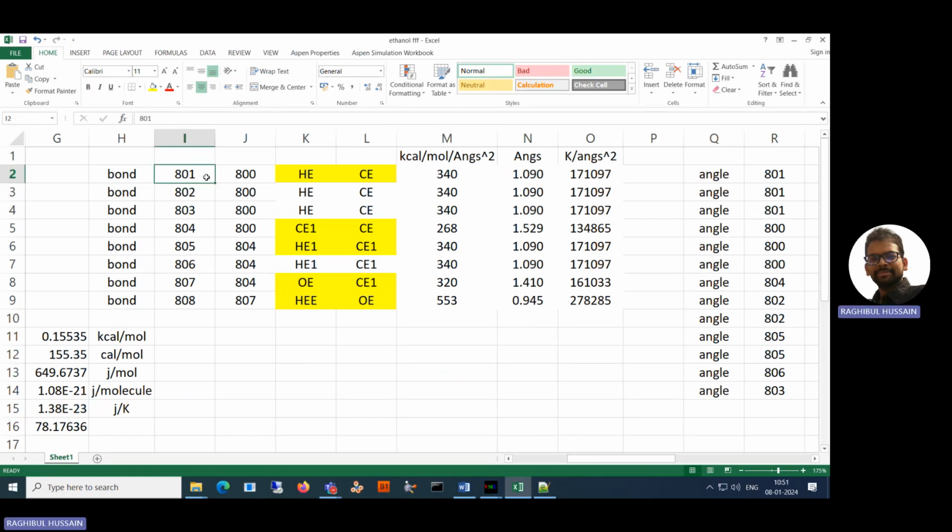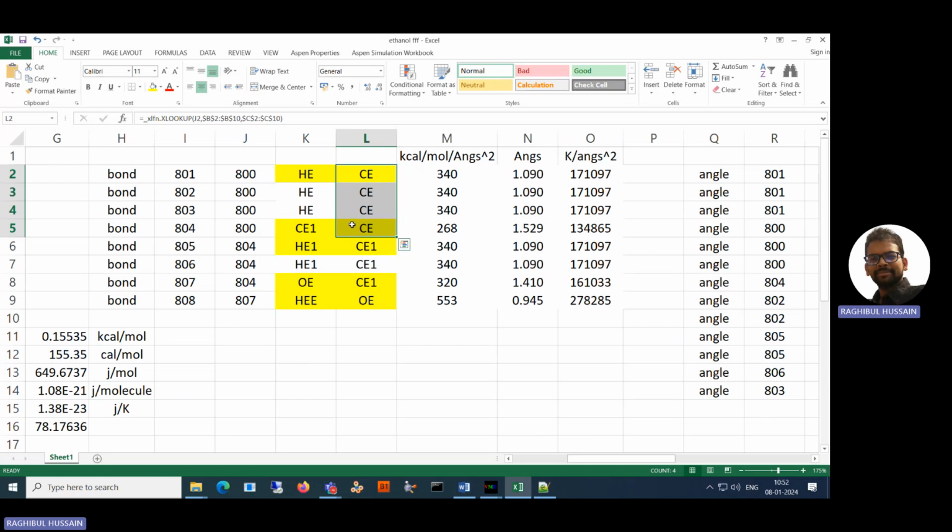In the bond parameters, bond is between, let's say, 801 and 800. So you replace all the 800 by your own variables, whatever you have defined. In my case, 800 is CE. So replace all the numbers by the variables.